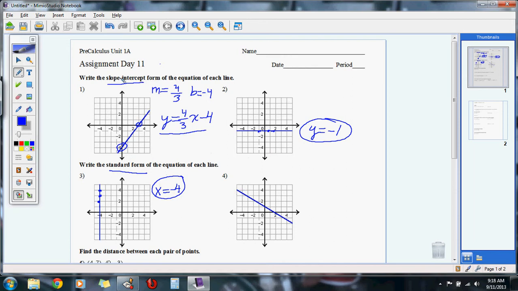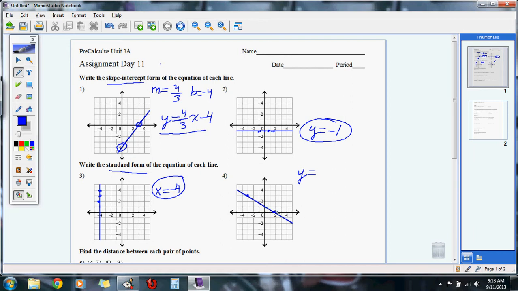Now in this one, we do need to get into standard form, and I think the best way might be to actually start with slope-intercept form. So the slope here is, all right, let's see, we're going up 1 over 2, up 1, that doesn't quite work. So I'm going to try to pick some other points that work out really well. That one looked like it worked at first, but it didn't. So maybe this point right here and that point right there are crossing at nice, neat spots.